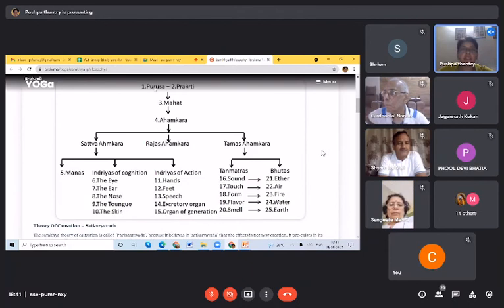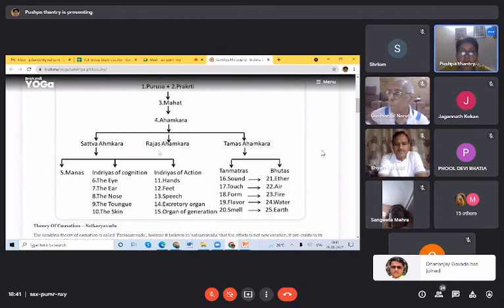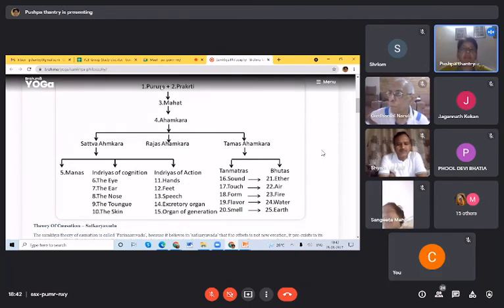It is evolving like this, and we all are born with all these characteristics. So the path to realize the Purusha is to go in the opposite direction and then find the Purusha within you.